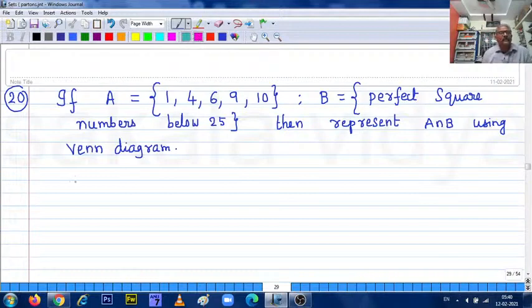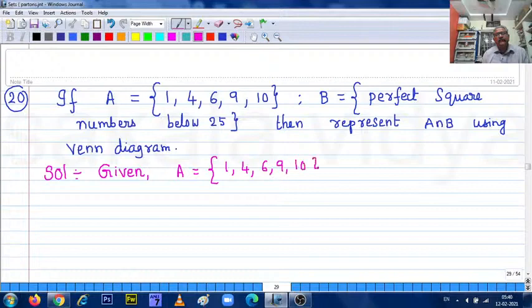So let us proceed like this. Here given A equals {1, 4, 6, 9, 10} and B equals perfect square numbers. Perfect square numbers below 25 means 1 square, 2 square, 3 square, 4 square, so we get 1, 4, 9, 16.